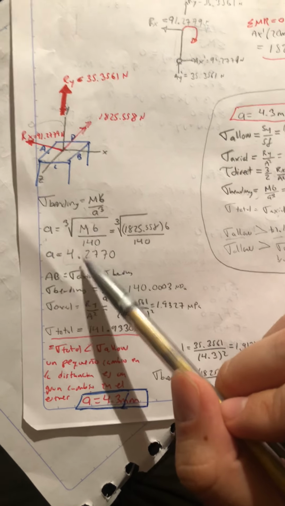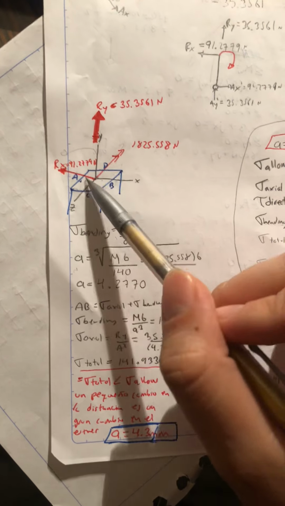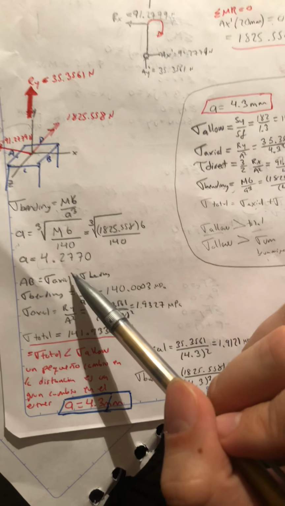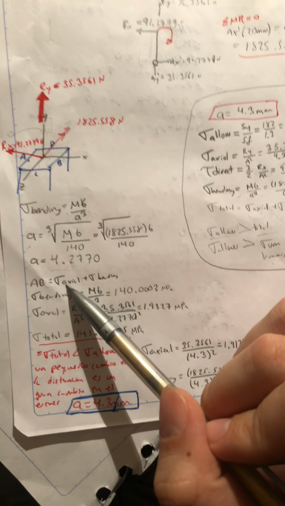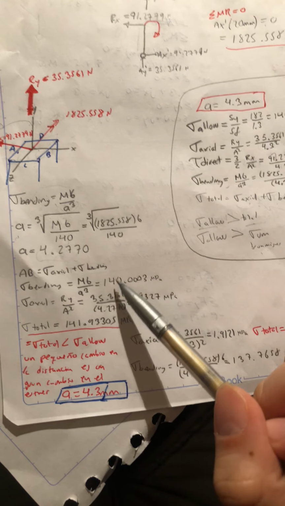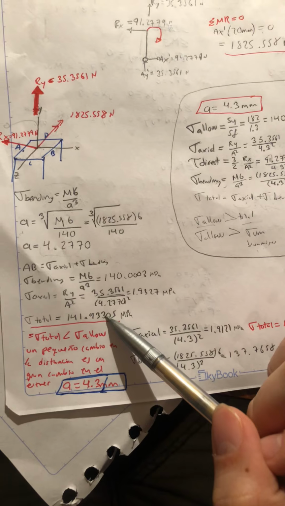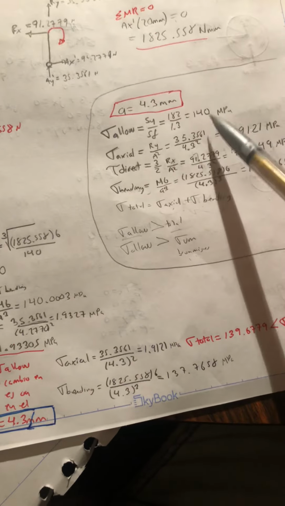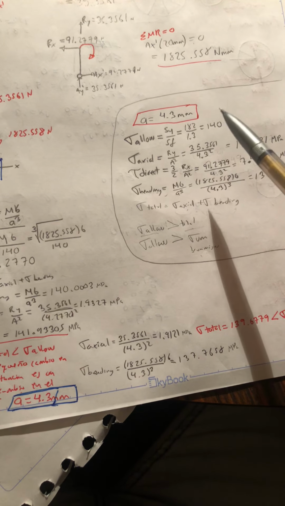After this area, we realize that points A and B are the most affected by this. So we will get our total stress by the sum of axial stress and bending stress. So the sum of these two gives us 141.93, and we have to remember this has to be smaller than the allowable stress.